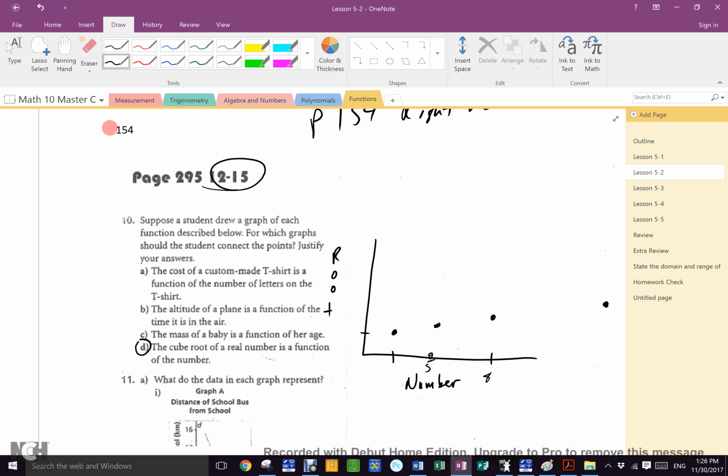Because we go all the way out to 8 and only go up 1. Then we go all the way out to 27 and only go up 1, right? It would make a curve, agreed? So the reason we would say we connect the dots is because anywhere I go here, I can go up and I can get an output. That would be an approximation. Is everybody with me? That's why they're saying go ahead and connect it. All right? If you change this wording to the perfect cube root of a perfect cube, would I connect the dots? No. Everybody cool? Sweet.